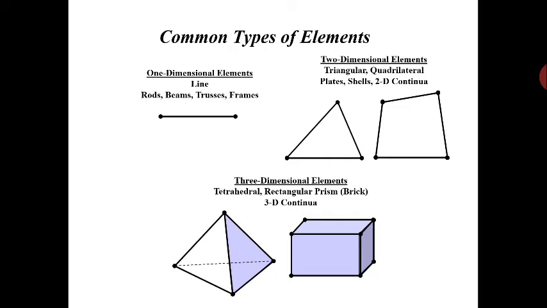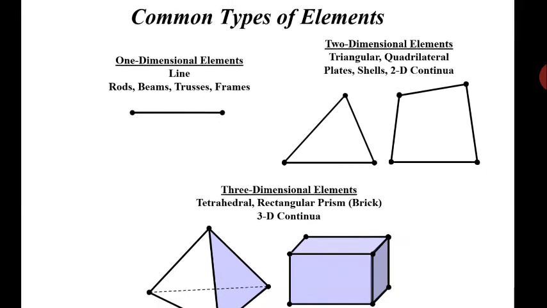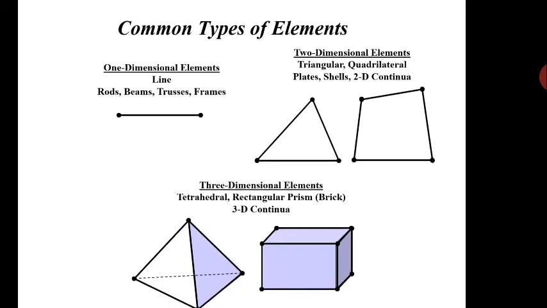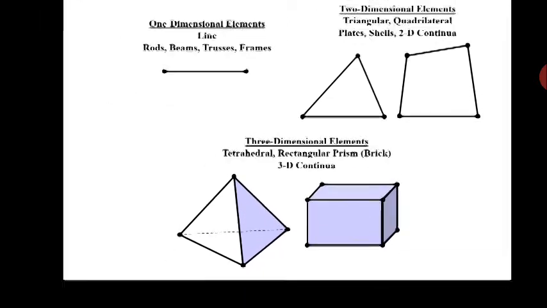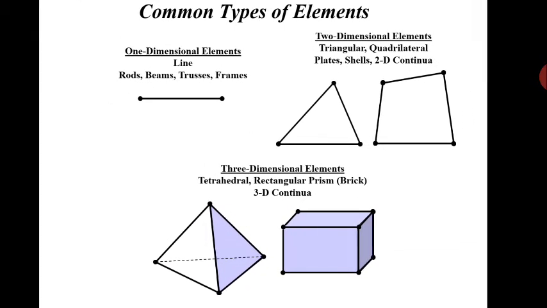Next are two dimensional elements, that may be in the form of triangular, quadrilateral, plates, shells and two dimensional continua. And again we have three dimensional elements, that may be in the form of tetrahedral, rectangular prism, bricks and 3D continuum.